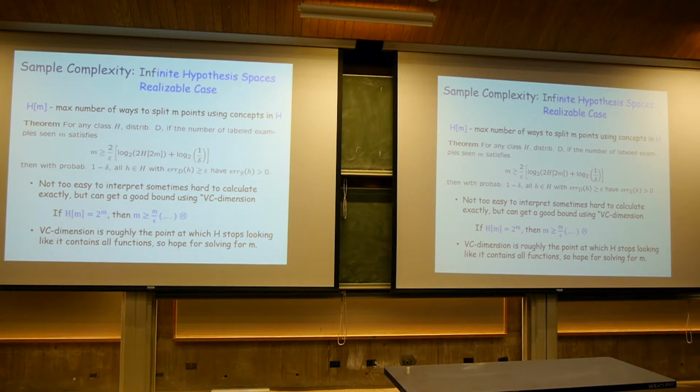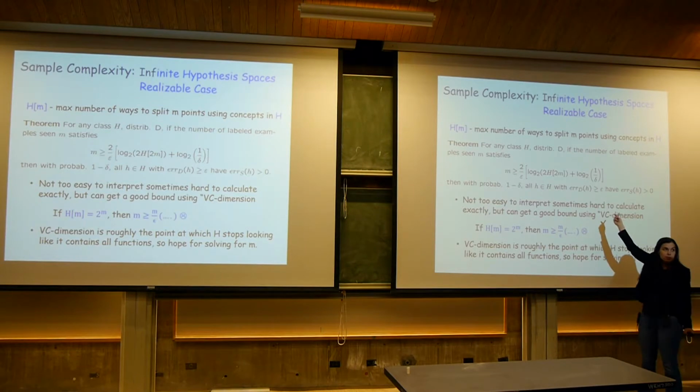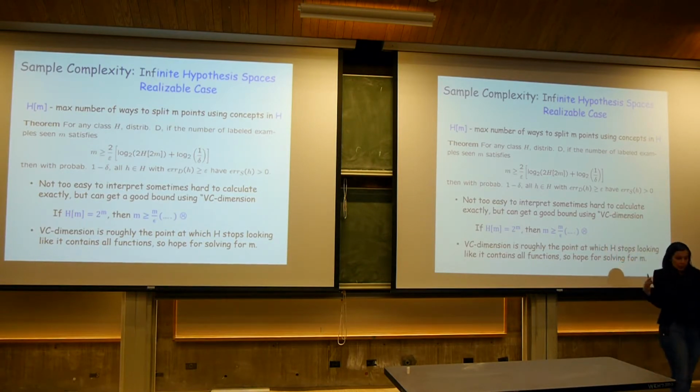To motivate the VC dimension, let me make one more comment here. If we look at this bound over here, if the class of functions is large enough and it happens that my class of functions can shatter m points or can shatter 2m points, that means, oh, did I define the word shattering? No, I didn't define it yet.